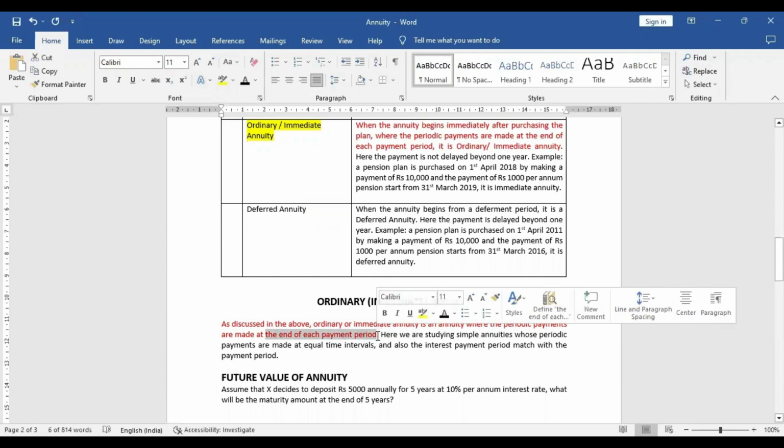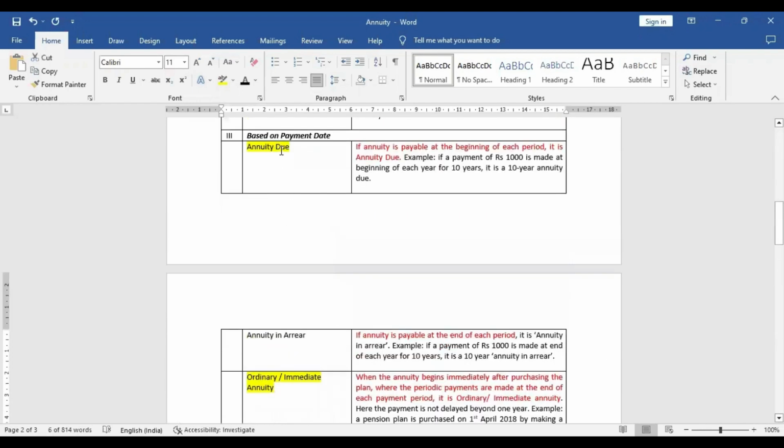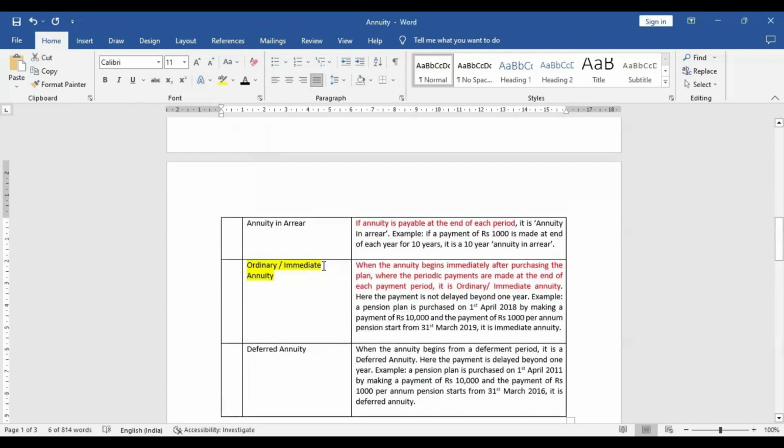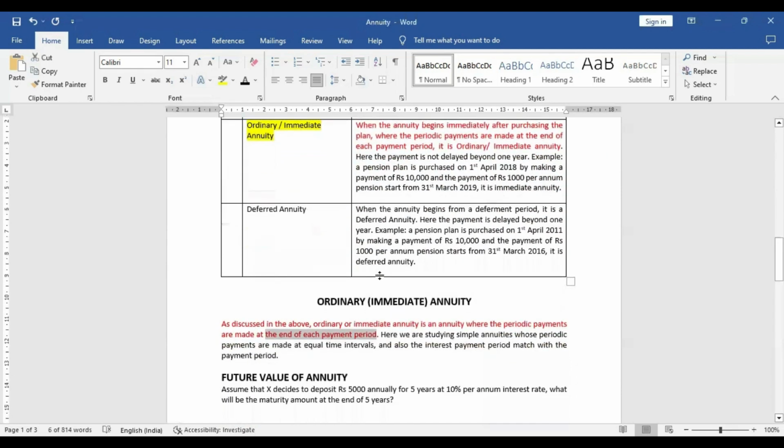Always try to remember, we will be discussing two types of annuities. At the end is the ordinary or immediate, and at the beginning will be the annuity due, as we have discussed here. When the payments are made at the beginning of the period, it is annuity due, and when the payments are made at the end of the period, that will be ordinary or immediate annuity itself.